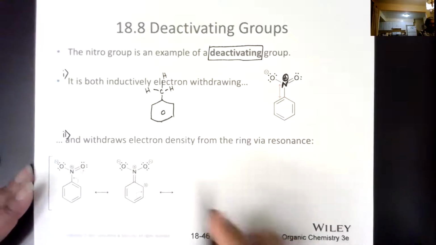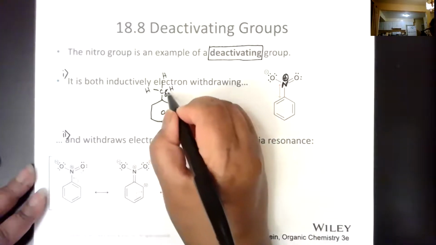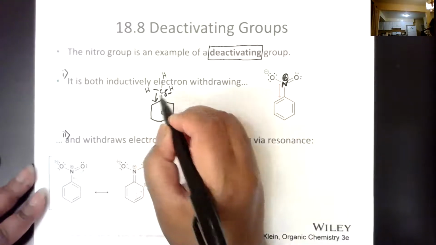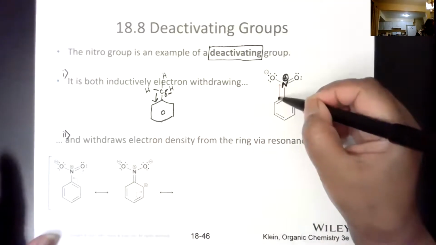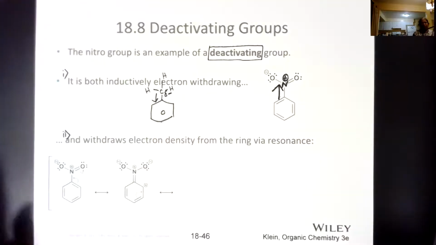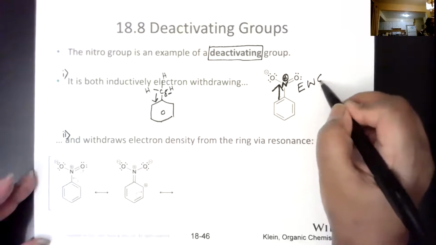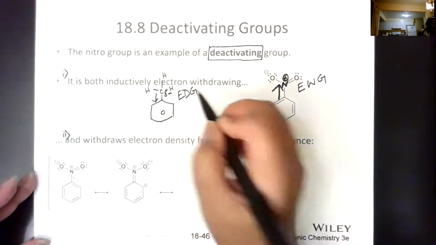Okay, this is activating, and because it's attached to hydrogen, this will have a delta minus, and so it pumps electrons into the ring. What does the nitro group do? It takes electrons away from the benzene ring. You see the difference? This is an electron withdrawing group, and this is an electron donating group.